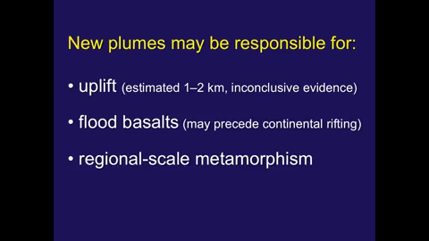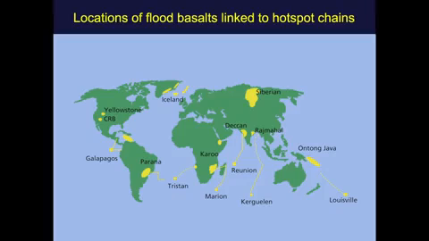We also may see these plumes responsible for flood basalts, and these may actually precede episodes where the continent is splitting apart. And finally, the rising of this hot magma from deep within the mantle will lead to regional scale metamorphism due to the added heat being brought here.